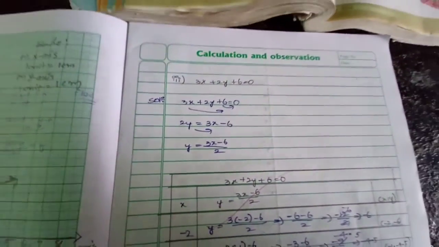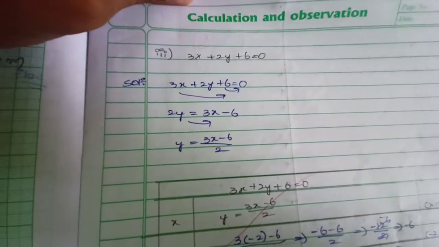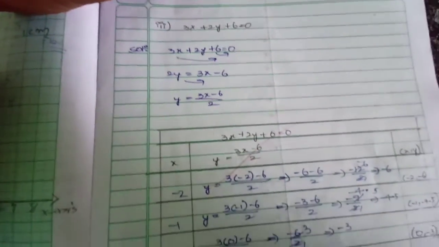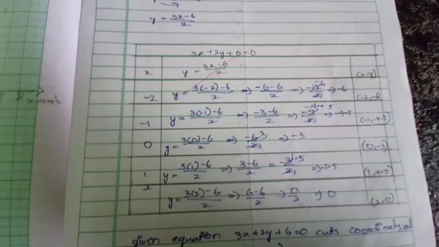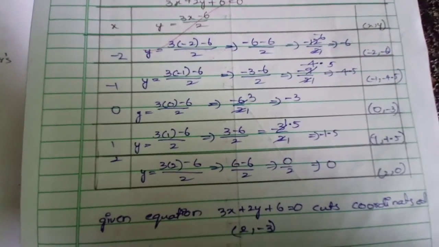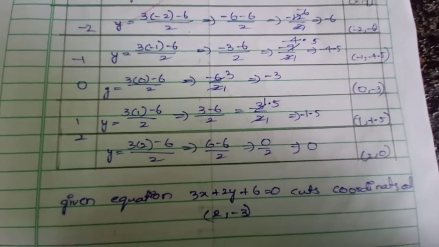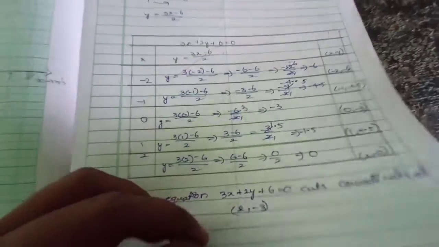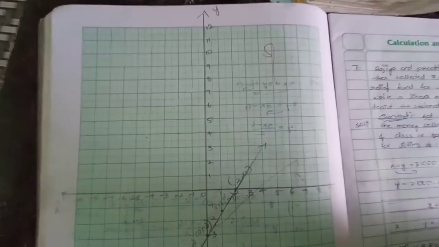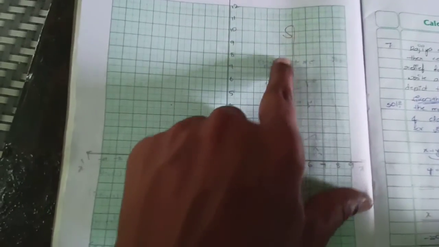Then the 7th question, okay, the third question in the bit comes like this. Observe very carefully. You can see this, and also see where it cuts, the scale is not written here, you have to write the scale.